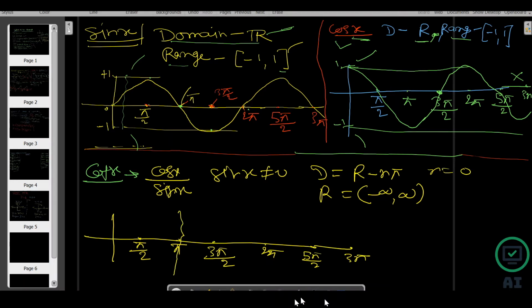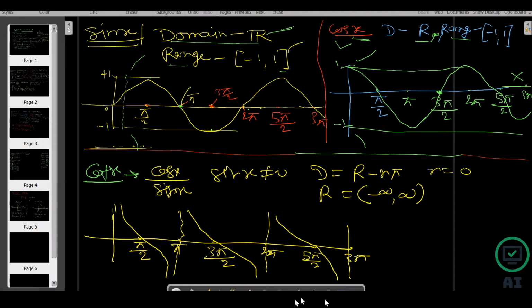So the graph for this is opposite to tan x. So this is like this. Wherever sin x is taking 0, it is not defined. You can see sin x at pi has value 0. If you put 0 here, it will be undefined. So here also it is undefined. It is parallel to this pi. So it will go to plus infinity, minus infinity, and here it is plus infinity.